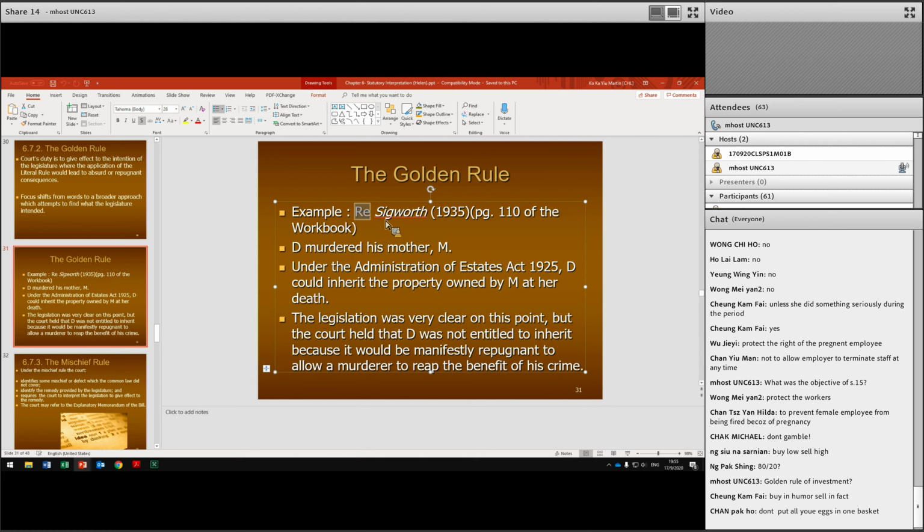Because many parties use the same surname, Sigsworth. Plaintiff, defendant, etc. are family members with the same surname. If you state the name of each party, it will be very redundant. So you better use "Re", which means all the parties are in the same family, the Sigsworth family.